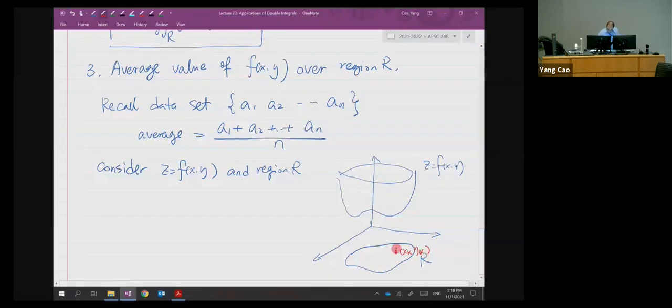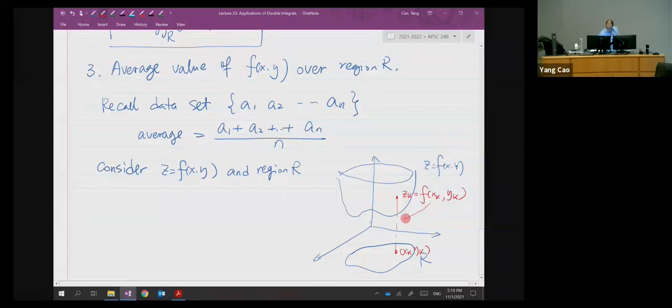Then if you extend this point up until it arrives on the top surface Z, over here, you get zk equal to f of (xk, yk). That's the value on the surface here.